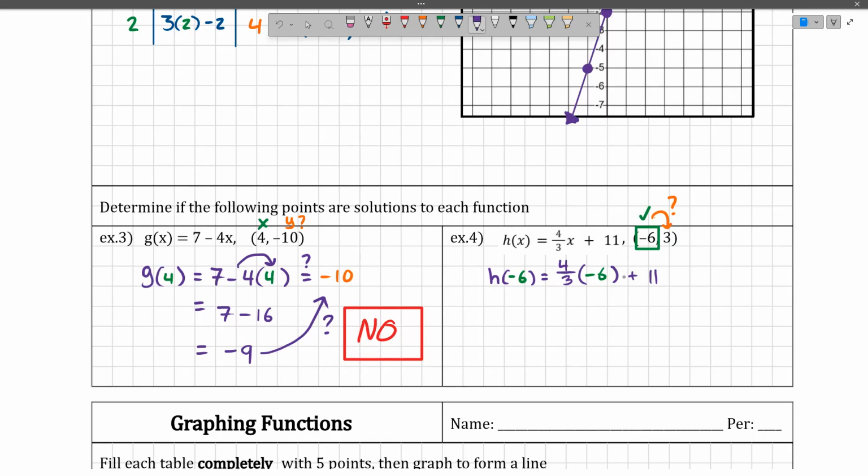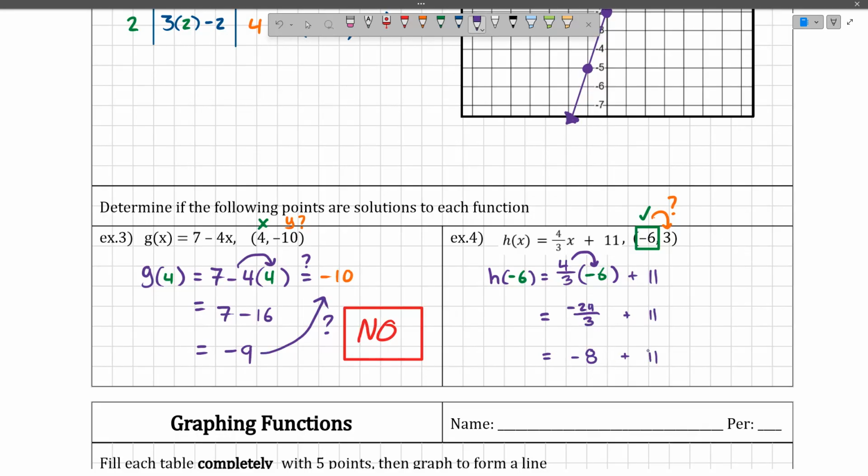Plus 11. To multiply a fraction, we multiply the top. 4 times -6 is -24. Then we store that number, -24, and then divide by the 3. Another way to represent this is 4 times -6 is -24, and then over 3. -24 over 3 is -8.